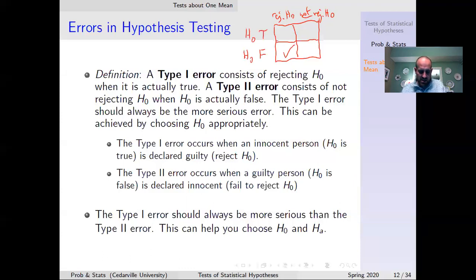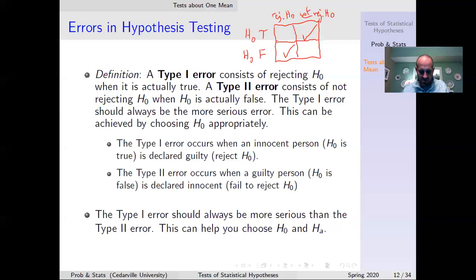And what if the null were true and we don't reject the null? Well, then that's good also. And the other type of error we can make is if the null is false and we don't reject the null, okay? So those are the erroneous zones when we set up our hypothesis test. So what is a type 1 error?